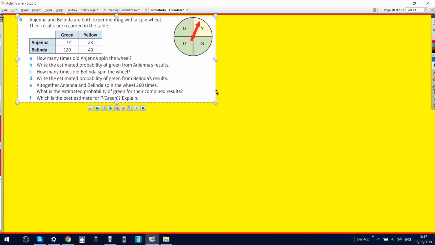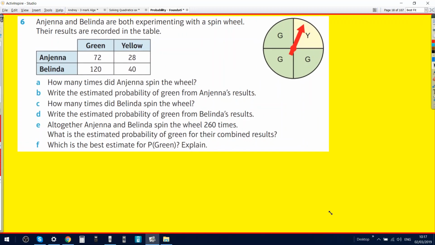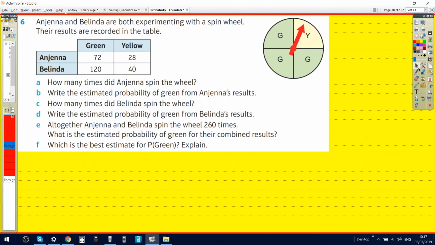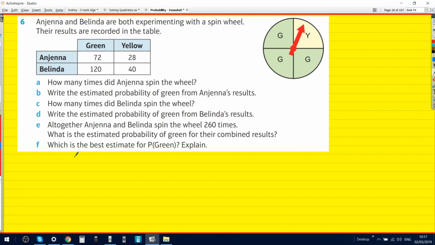Okay, this one. How many times did Janice spin the wheel? Did she spin it 100 times? How many? 100 times. No, sorry. 90 times. Hang on. Oh yeah, it is 100 times, isn't it? 100, yeah. What was the estimated probability of green from Jenna's? Would it be 72 over 100?